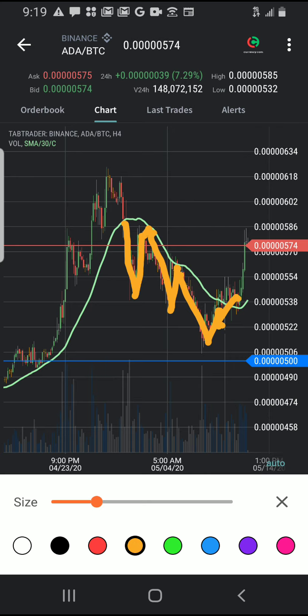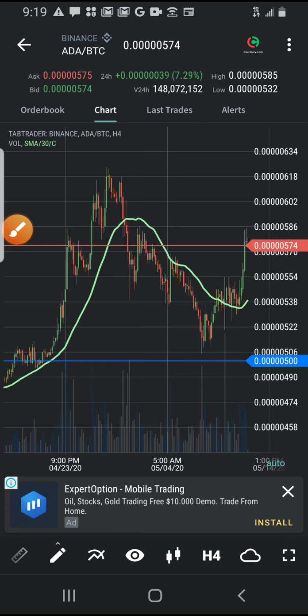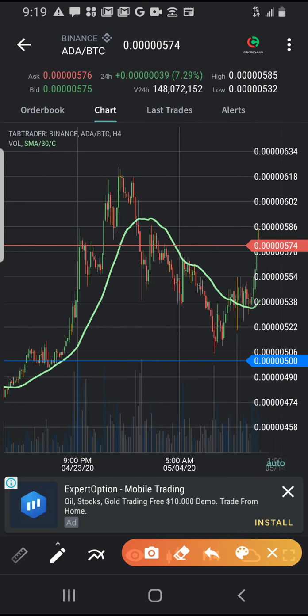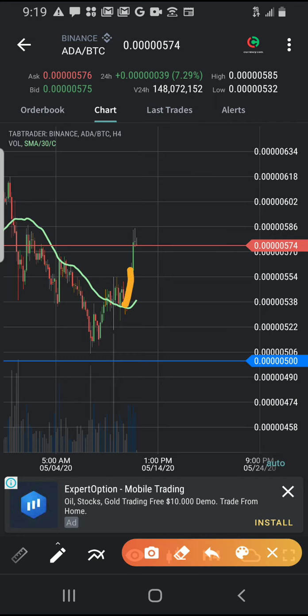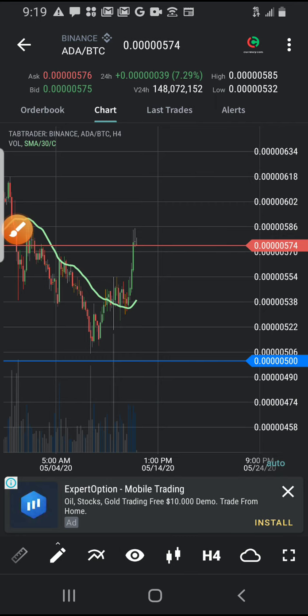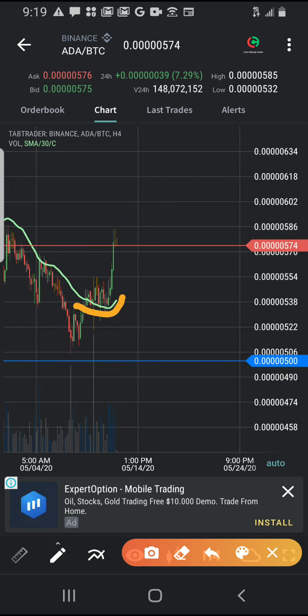It moved up and stayed a bit here, meaning it's trying to battle with the normal resistance. This place is a resistance, so it's trying to battle with normal resistance at 550 sats. After everything, it finally got broken. Now this MA is about to start acting as a support.